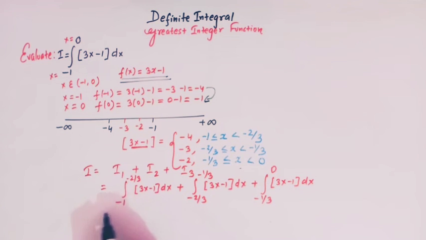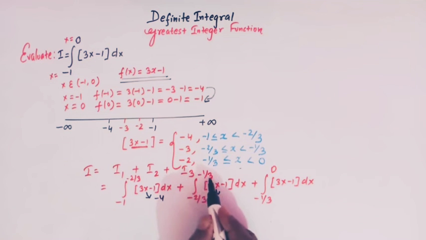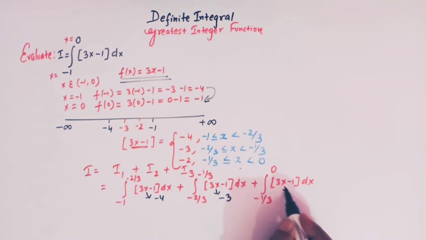Because when x varies from minus 1 to minus 2 over 3, then the value of this function is minus 4, and when x varies from minus 2 over 3 to minus 1 over 3, then the value of this function is minus 3, and when x varies from minus 1 over 3 to 0, then the value of this function is minus 2, right?